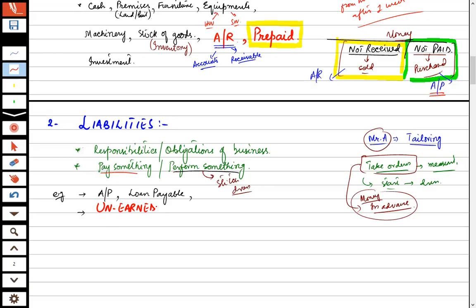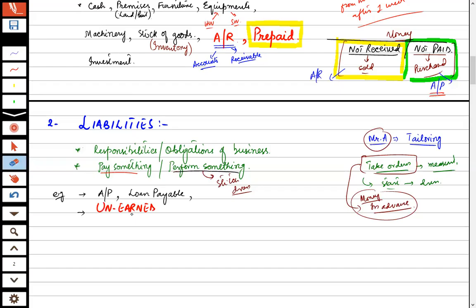Unearned means it is not earned yet, because it is in advance and we haven't done our obligation, so it is not yet halal. When it becomes halal, this portion will be omitted and it will become earned.